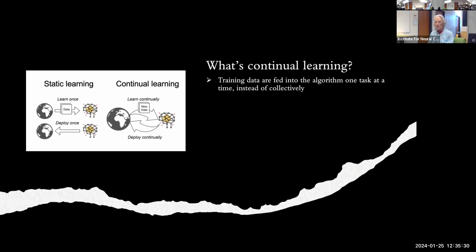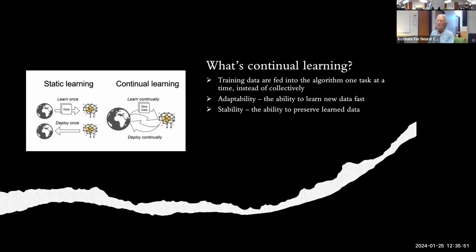In order to achieve this, continual learning algorithms need to fulfill two criteria. They need to be adaptable and also stable. What this means is that you need to be able to learn new data fairly quickly, and at the same time retain the information you have already learned.